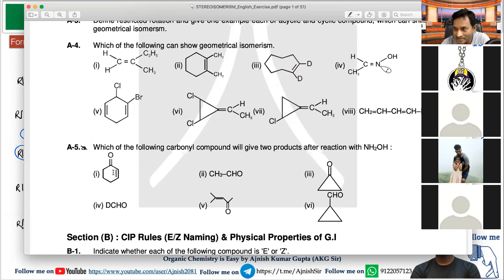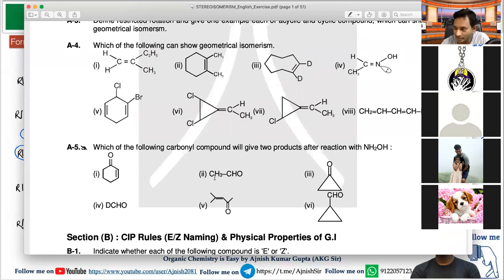And when this is unsymmetrical, will the oxime formed be number 1 or 2? When a ketone is unsymmetrical, the product will be 2, because the products show diastereomers. The product will show geometrical isomerism. Is it clear?